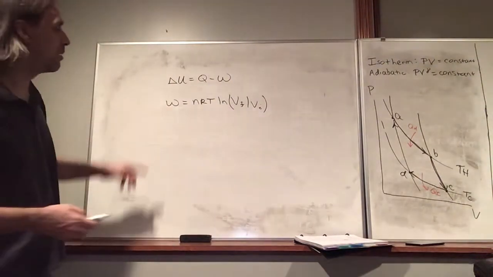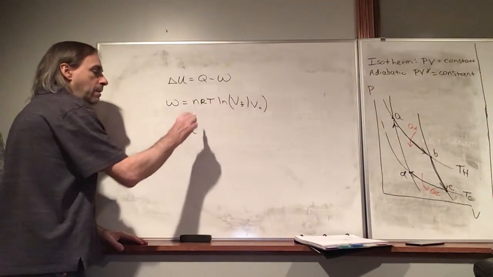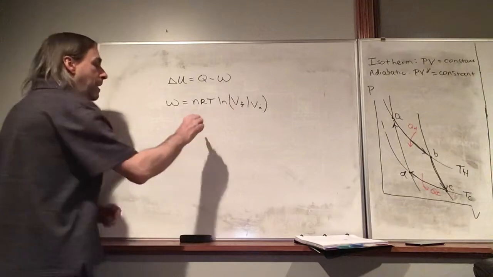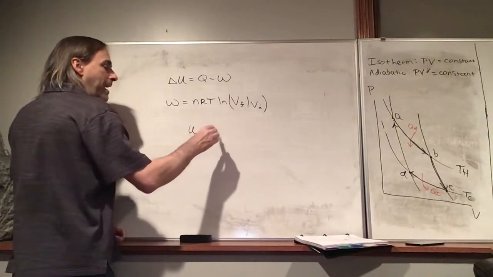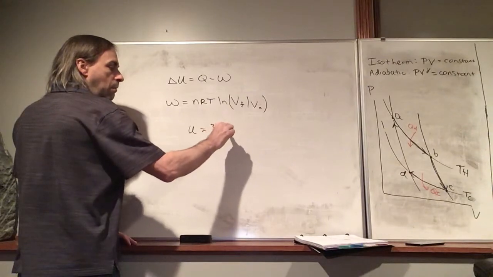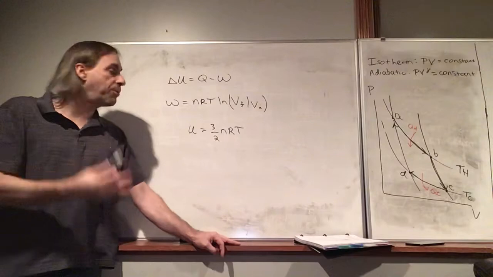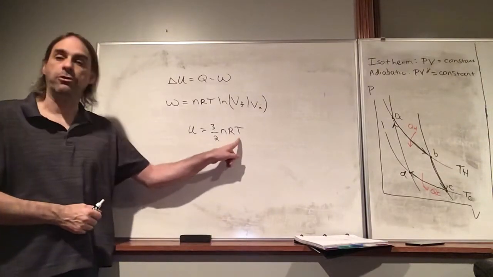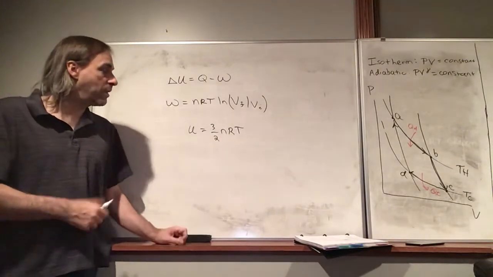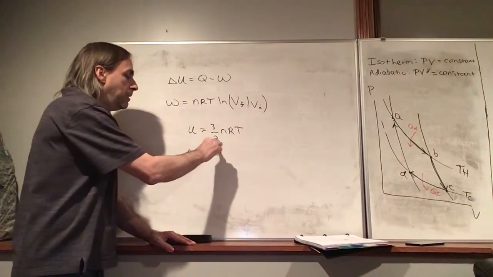Remember, isothermal, let's just say for simplicity, say we have a monatomic gas. It would work just as well with a diatomic gas, but the internal energy just depends on the temperature. An isothermal means a constant temperature. And so for an isotherm, delta U equals 0.